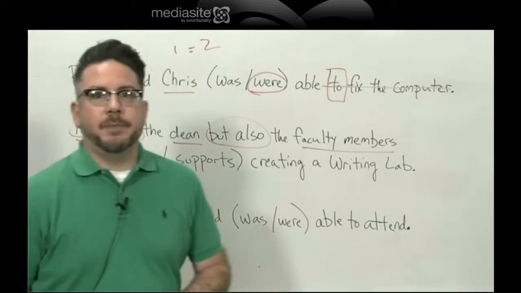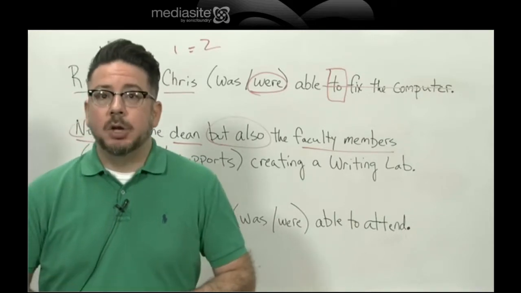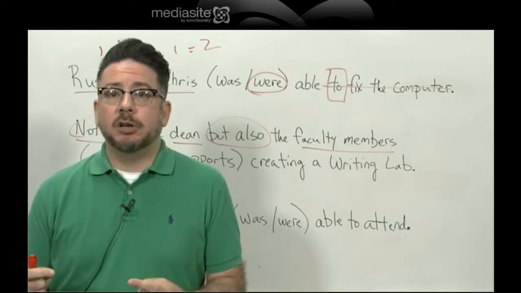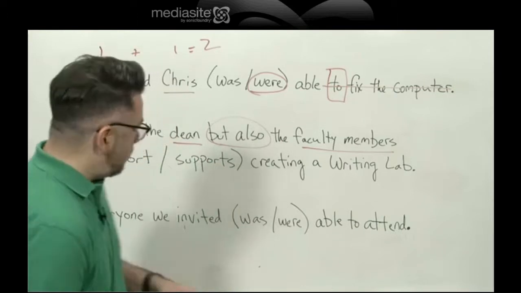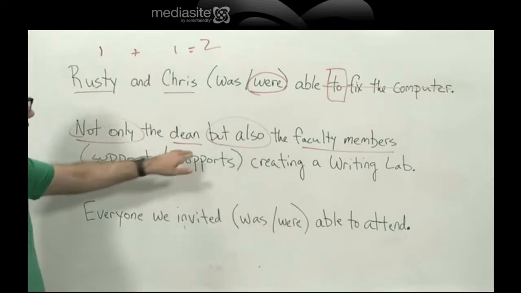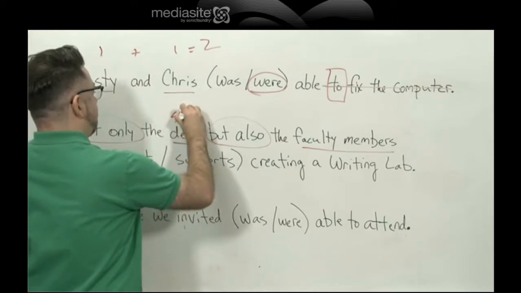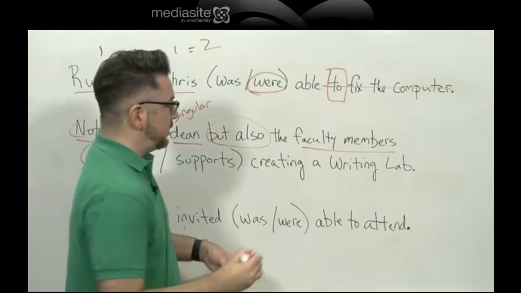So when this happens, rather than treating it like a plus sign, like we did with the word and, we're going to treat each subject individually, and we're going to look at which subject is closest to the verb. So the first subject that we have is dean. Well, dean is singular. And then we have faculty members.